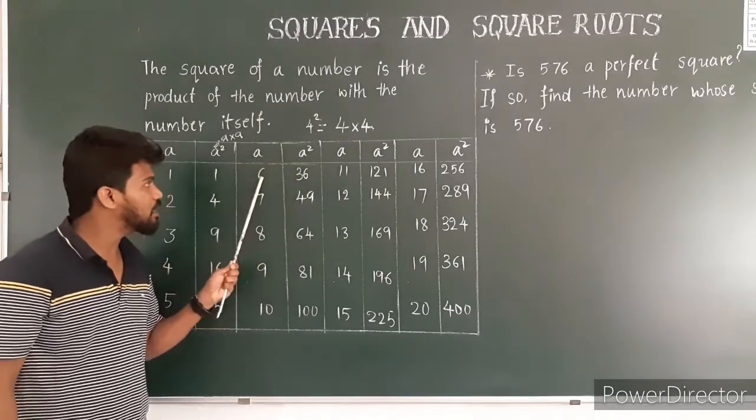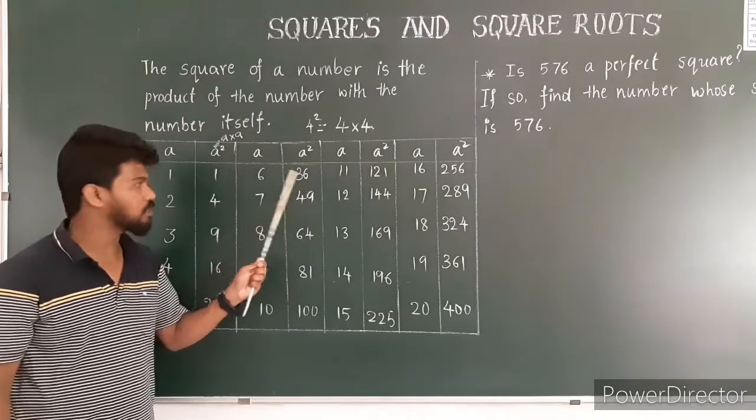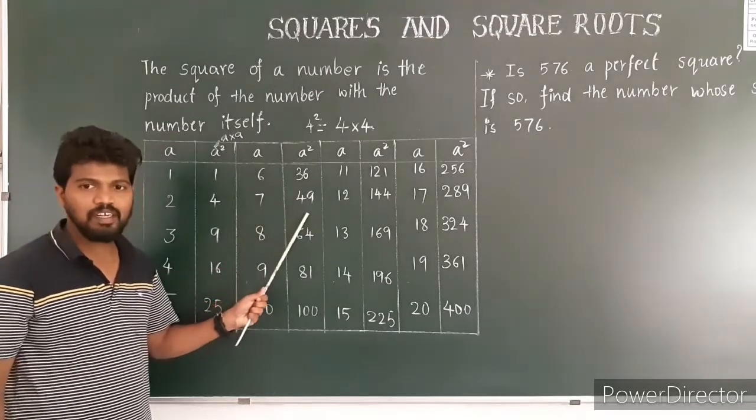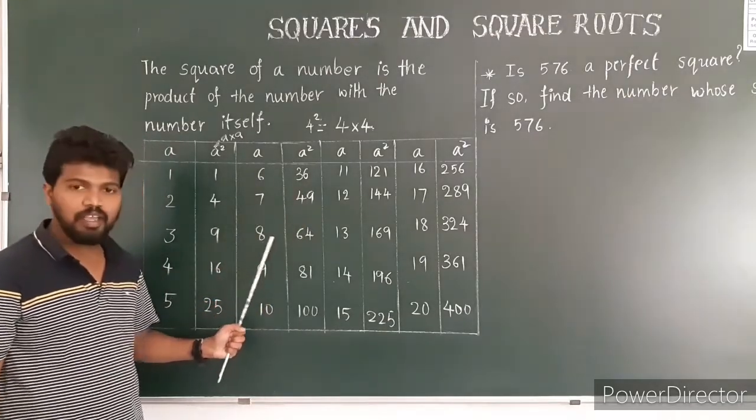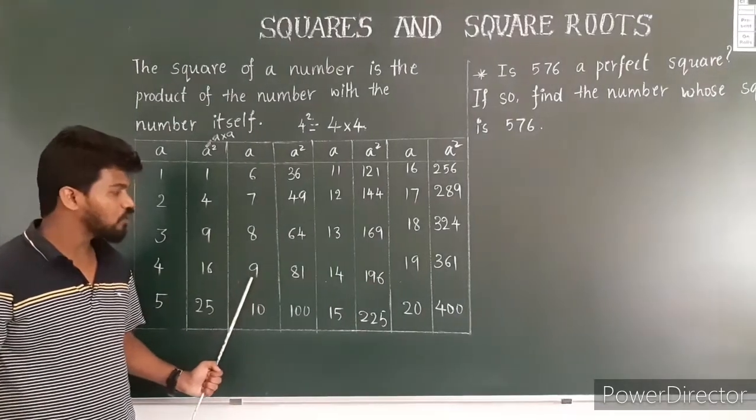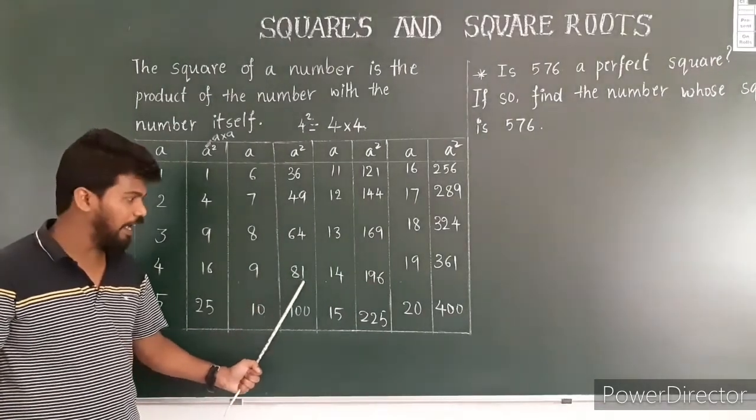7 into 7 is 49. 8 into 8 is 64. 9 into 9 is 81.